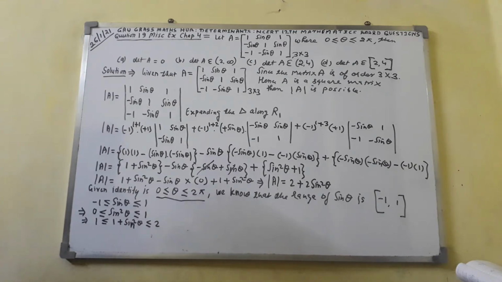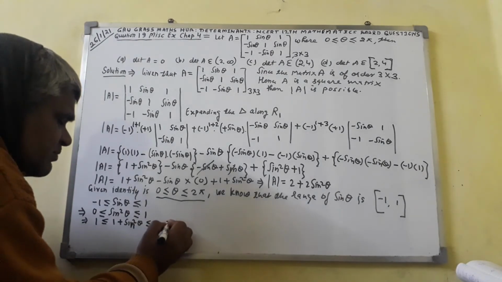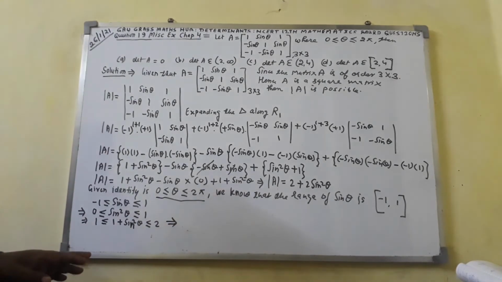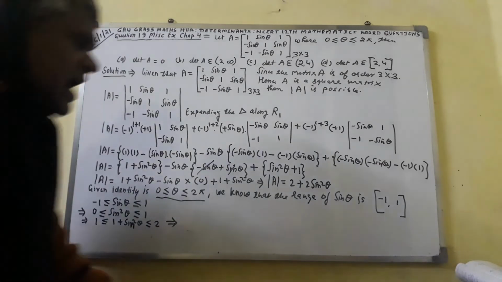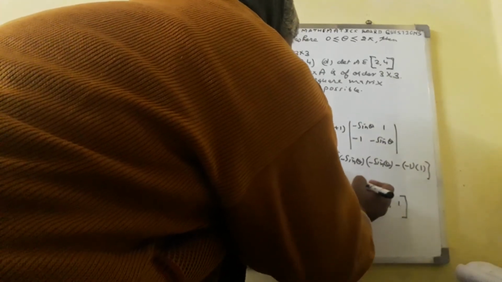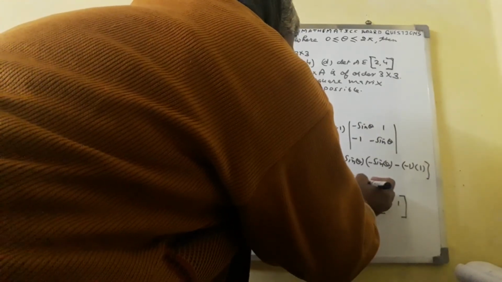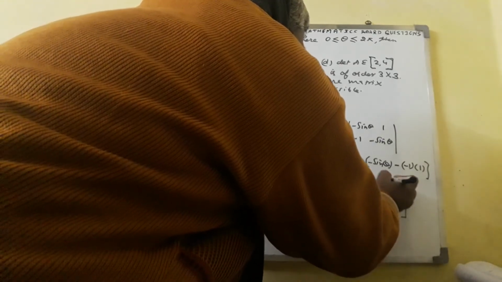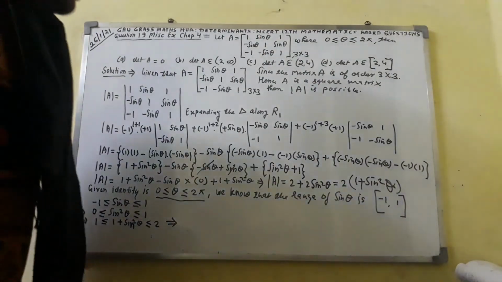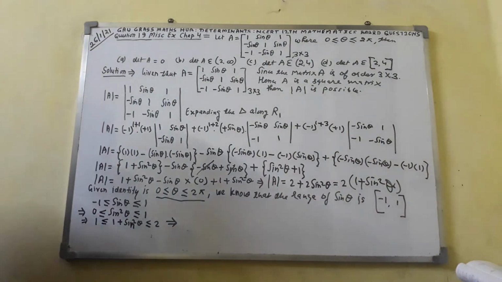Now what we have to do here? Now establish the identity here, imply that I can write very well, if you take 2 as a common, we will get 1 plus sine square theta. So now what we will do here?